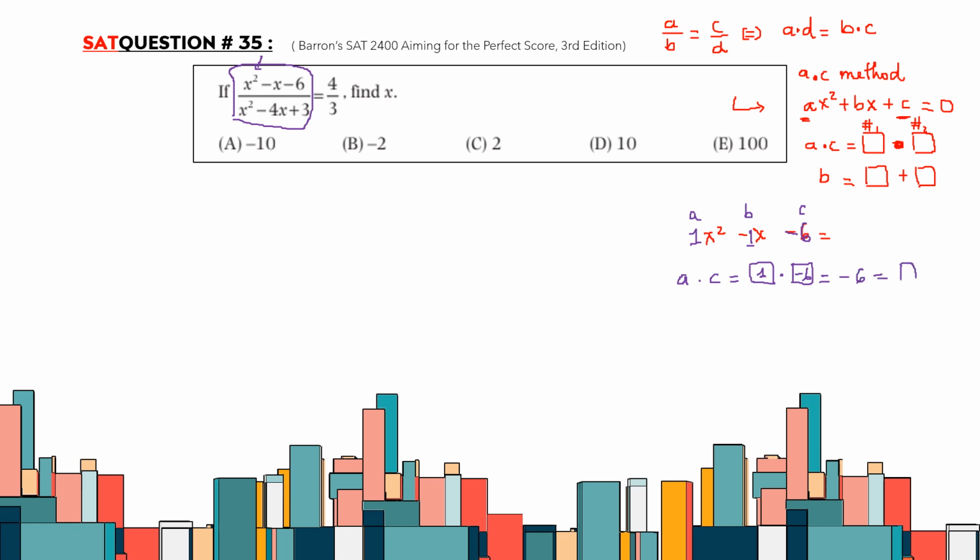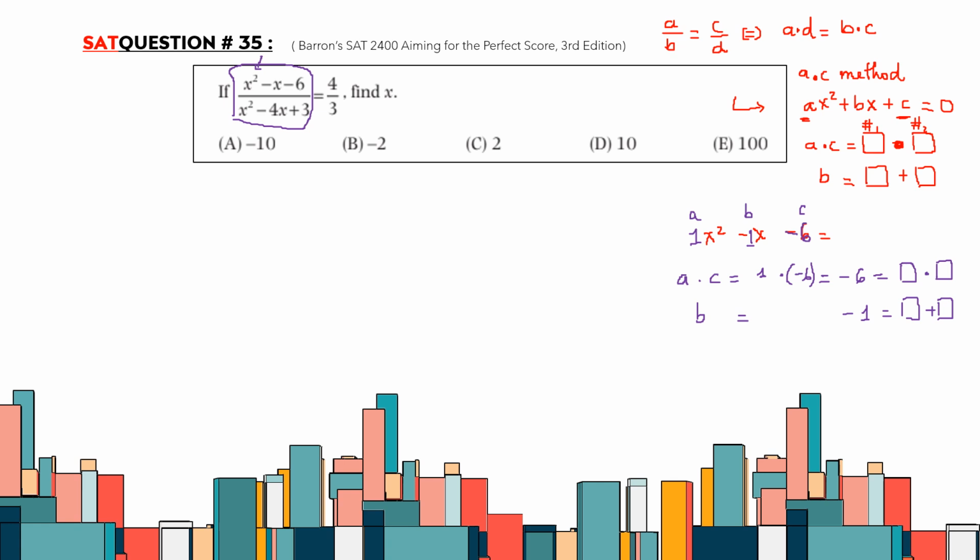And we have to find two numbers that multiply to negative 6, and B is equal to negative 1, so the same two numbers add up to negative 1.